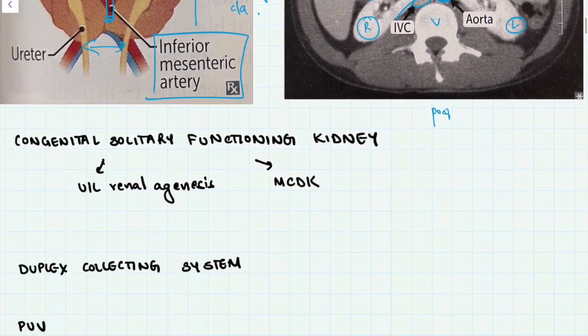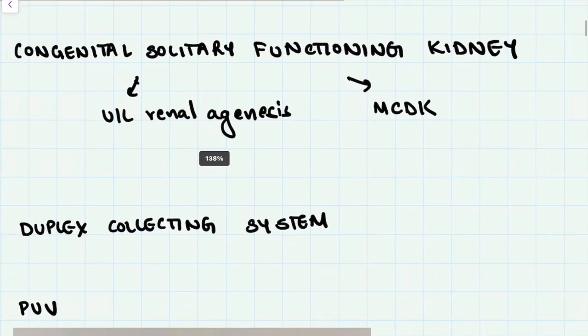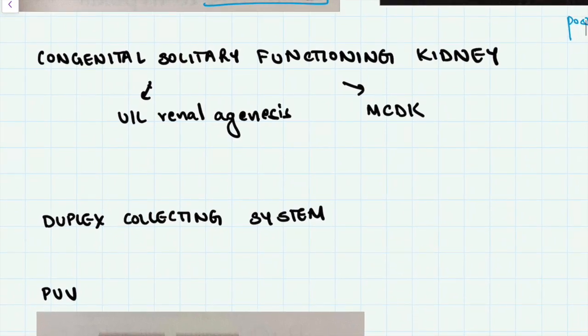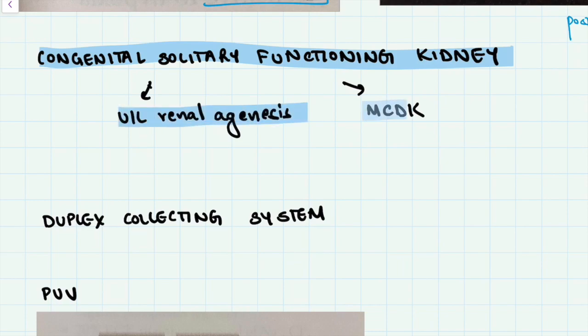The next congenital anomaly is a congenital solitary functioning kidney, right? And the causes that lead to the formation of a congenital solitary kidney can either be a unilateral renal agenesis or a multicystic dysplastic kidney. So, renal agenesis is due to the abnormal formation of the ureteric bud, right. If there is no ureteric bud, there will be no induction of metanephric mesenchymal differentiation.